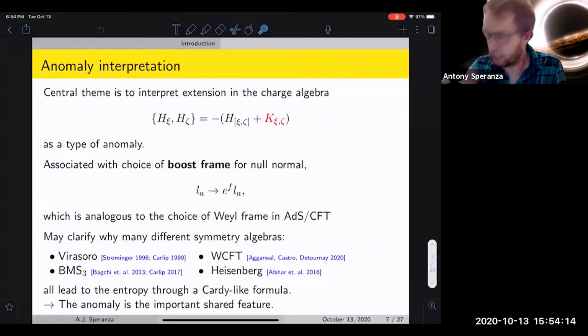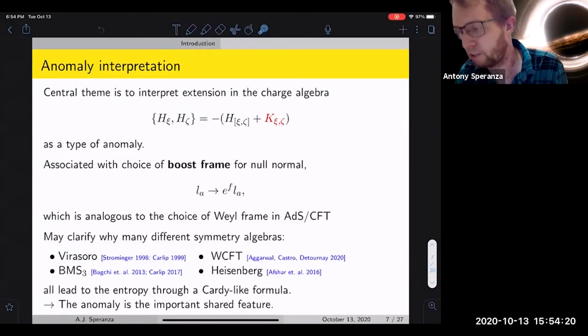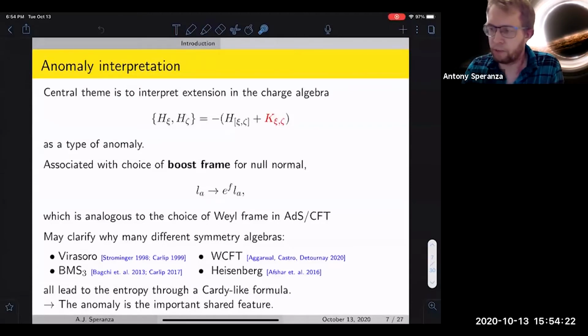The whole idea is that we're going to really be looking at this anomaly interpretation of the central charge that appears. So roughly, we're going to look for a relation like this where you have some bracket of charges equal to the charge associated with the bracket plus an extension that we call K. And we want to connect this K to a type of anomaly that's occurring.